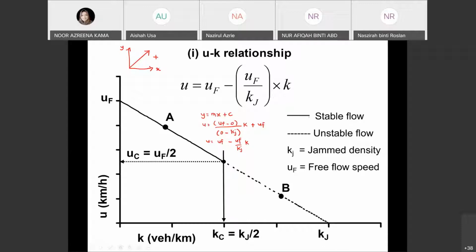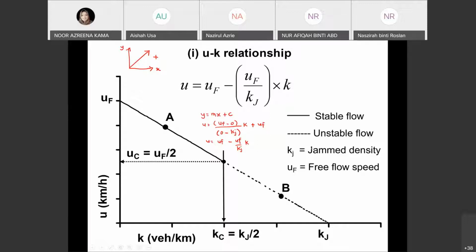Where is the stable flow? From UF until the midpoint here. The solid line indicates stable flow, while the dotted line, starting from the center till KJ, is unstable flow.